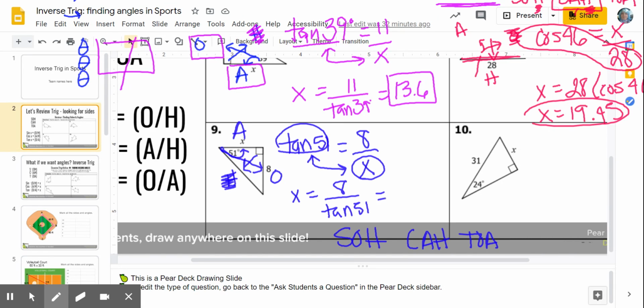So we go to our calculator, whatever calculator we're using. I got 6.52. Ariana, did you do 8 divided by tangent 51? So that opposite side has to stay on the top.